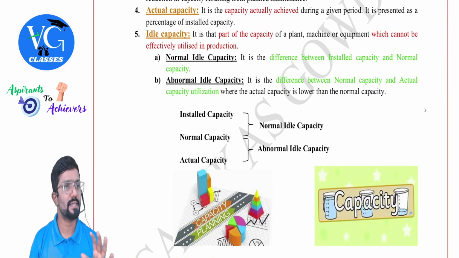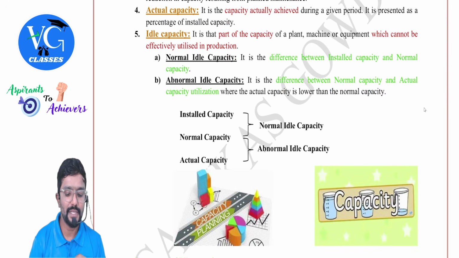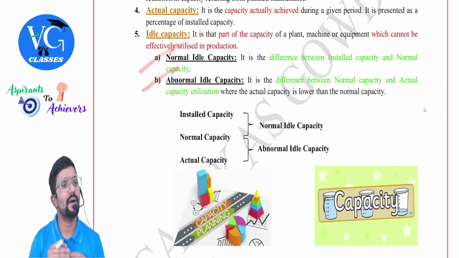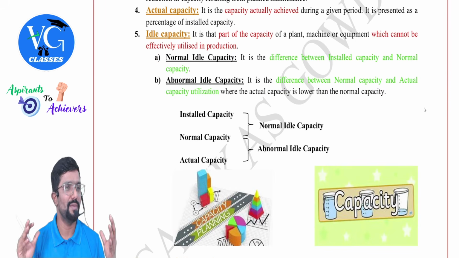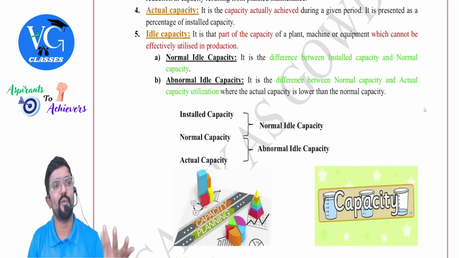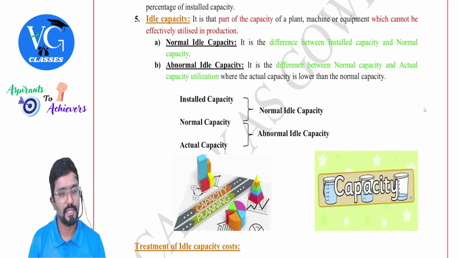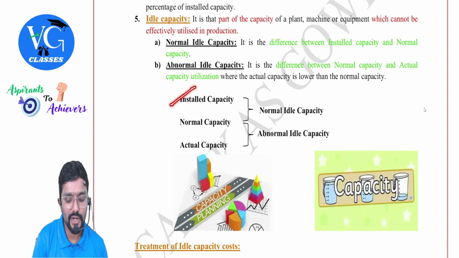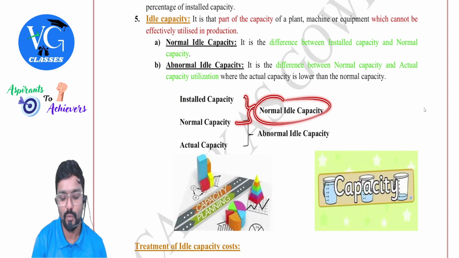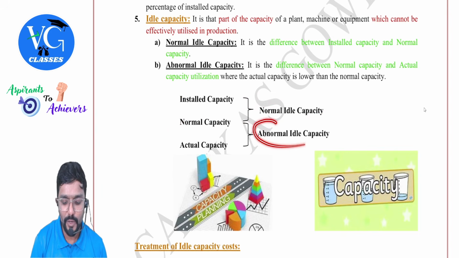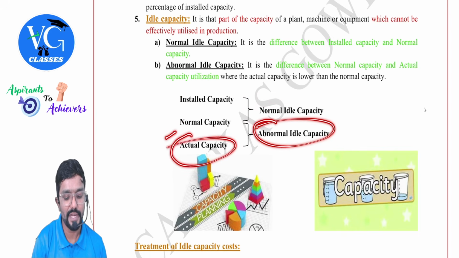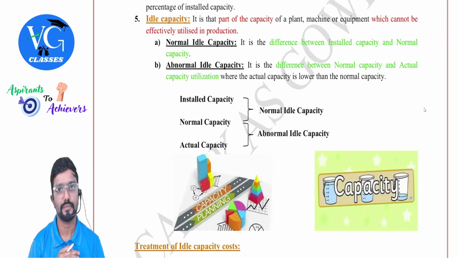So idle capacity is something which I was supposed to use, but I have not used it. And that can be due to normal or abnormal idle time. Normal is unavoidable, whereas abnormal I would have avoided, but still happened because of my ignorance. Listen here. From installed capacity, if I reduce normal idle capacity, what do I get, guys? Normal capacity. Then if I reduce abnormal idle capacity from normal capacity, what do I get? Actual capacity.